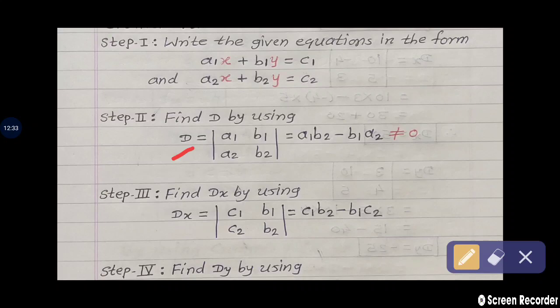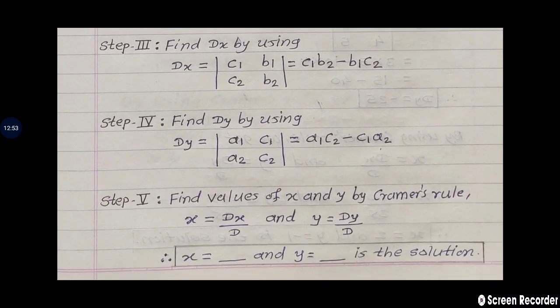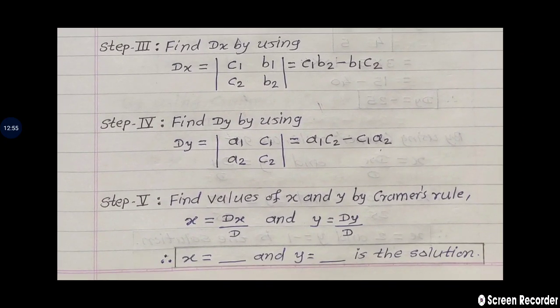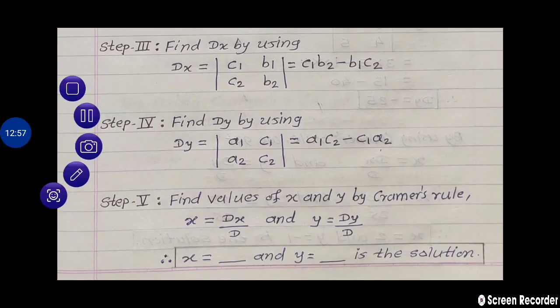Now we find dy. The coefficients of y, that is b1 and b2, are replaced by the constant numbers c1 and c2. So the first column remains as it is, that is a1, a2. The second column b1, b2, the coefficients of y, is replaced by the constant numbers c1, c2. Check in step number 4. Clear, all of you? So do the cross multiplication.